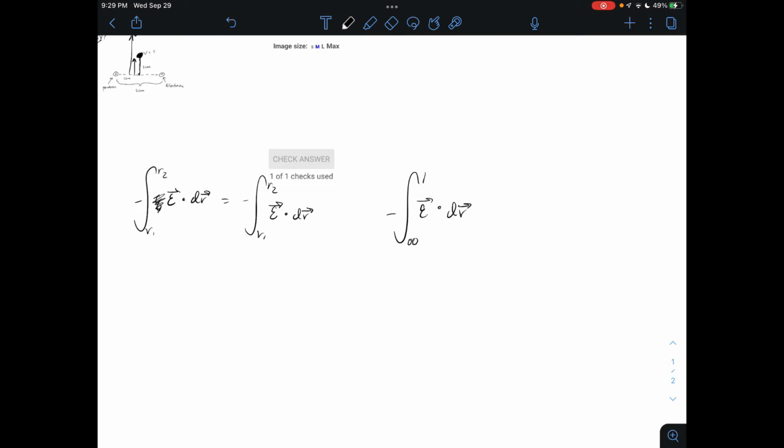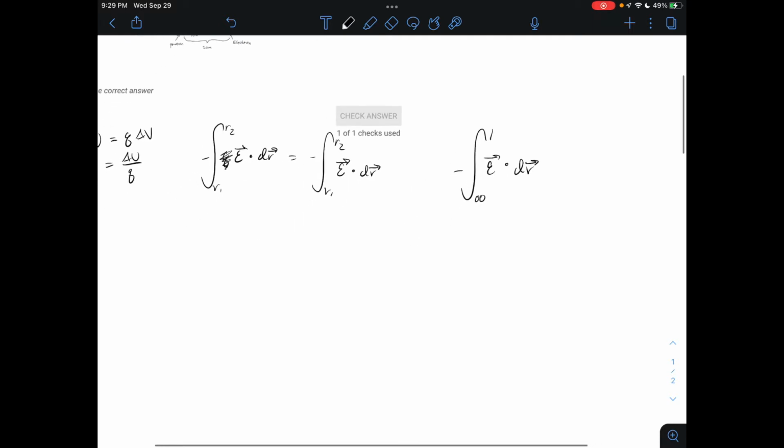So now let's tackle this electric field. Since there's 2 points, the electric field at any given point is going to be the sum of the electric fields from each point, right?